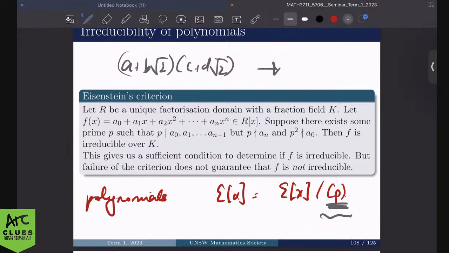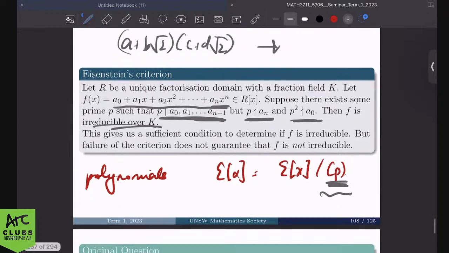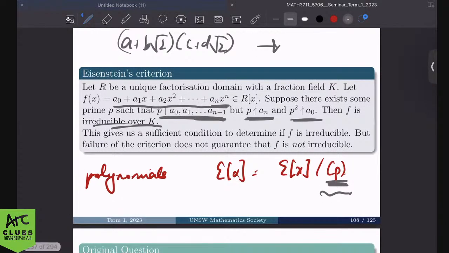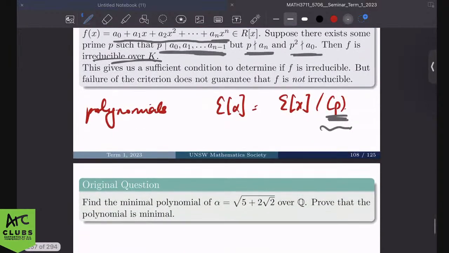If you've got a polynomial a0 plus up to an x to the power of n, and there's a prime p such that p divides a0 up until an minus 1, but p doesn't divide an, and p squared doesn't divide a0, then f is irreducible over Q. This is sufficient to determine whether f is irreducible.